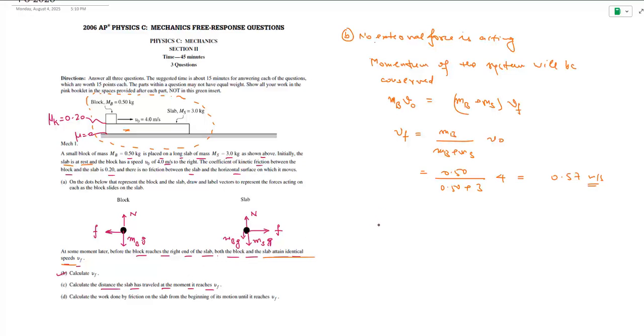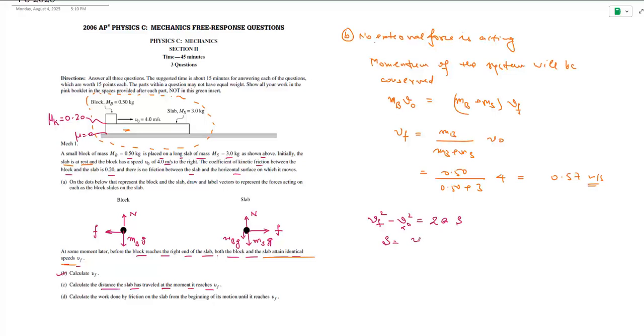traveled by the slab. So initially the slab is at rest. We have the final speed of the slab, the initial speed of the slab, the acceleration that the slab will undergo, and the displacement by the slab. So we will use this equation.